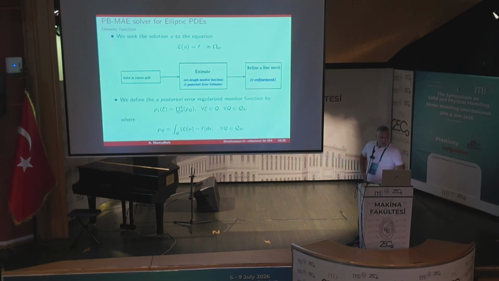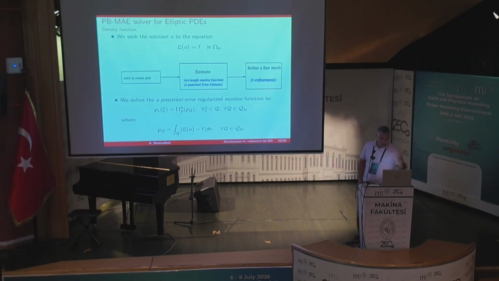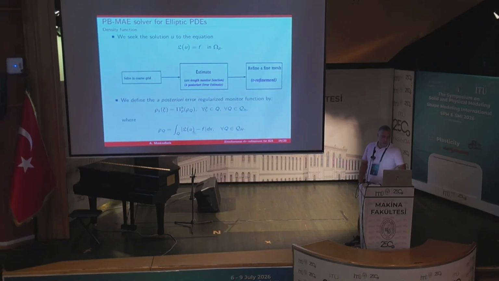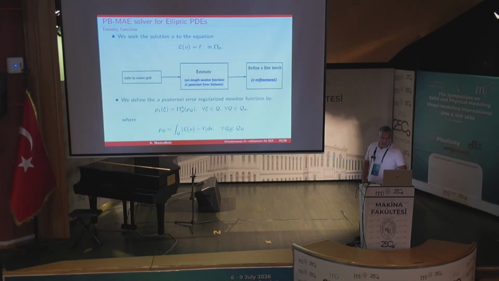So we project these values on a grid using a projection operator, and we obtain a spline function that we can use in the sequence. So we smooth out the error, and this error, as you see here, is the PDE operator minus the right-hand side, so it's the residual error on every element. Q is every element of our mesh.